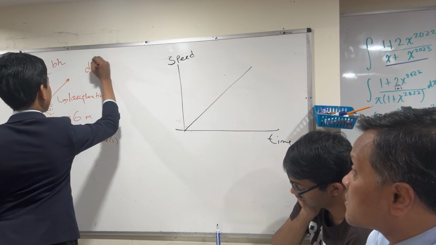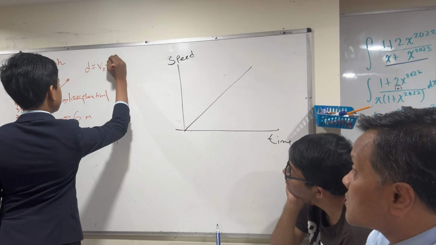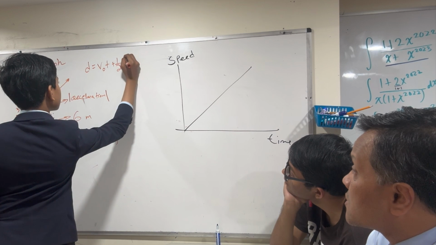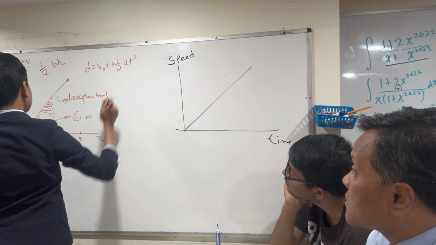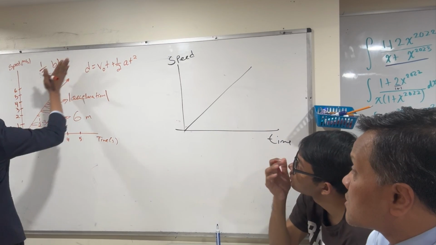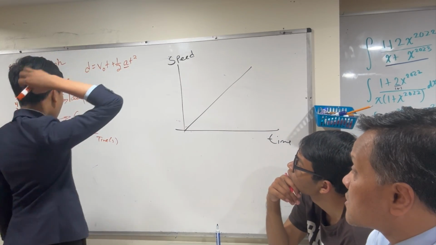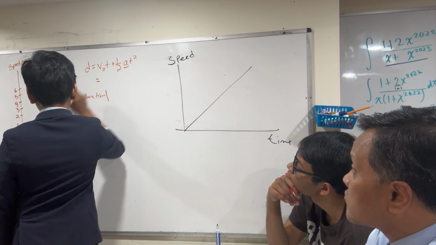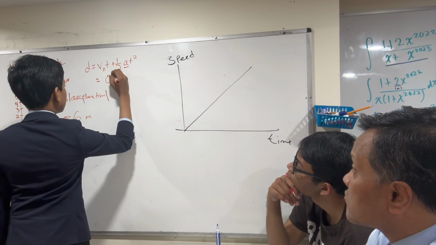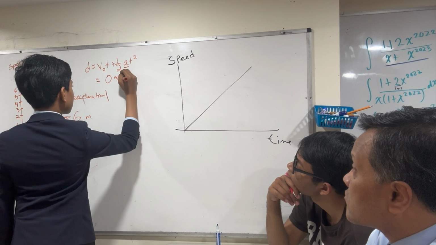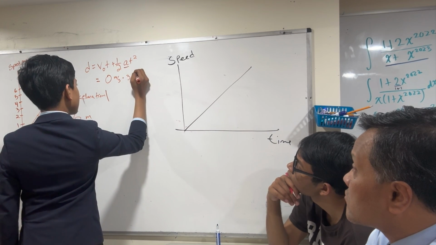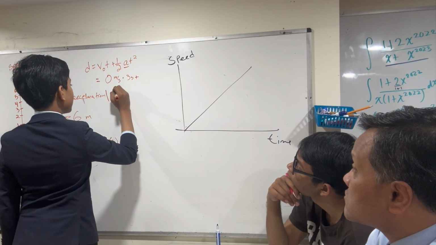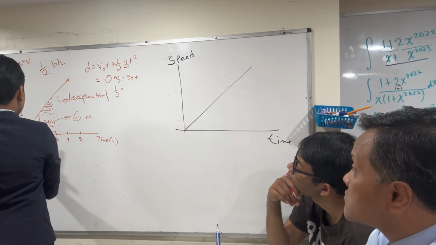So distance is v naught t plus half a t squared. Since we have a straight line, we can assume acceleration is constant, which allows us to apply this equation. Our v initial is 0, so we can forget that, times 3 seconds, plus half a. What's the acceleration?